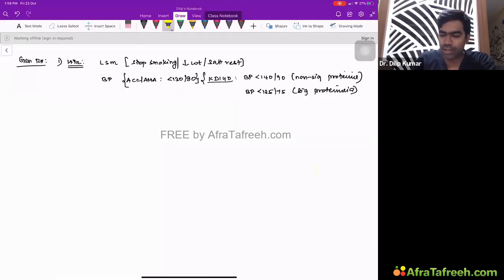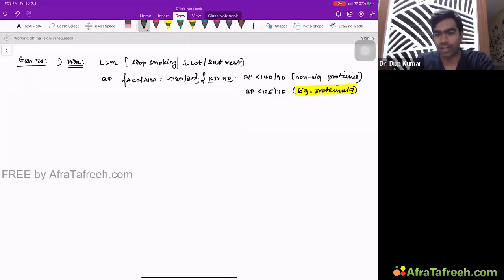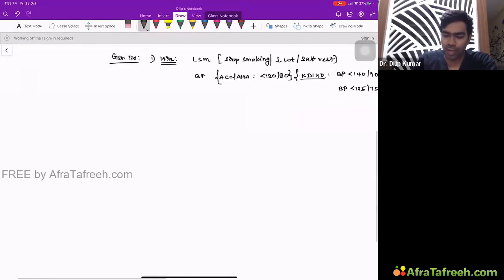If it's a non-significant proteinuria, then you can keep the overall goal. So when you use the term significant proteinuria in a glomerular or any disorder, it is more than 1 gram per day. And whenever the patient is having significant proteinuria, it's better to keep the goal to less than 125/75, a much lower cutoff.